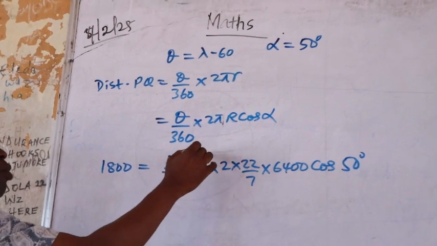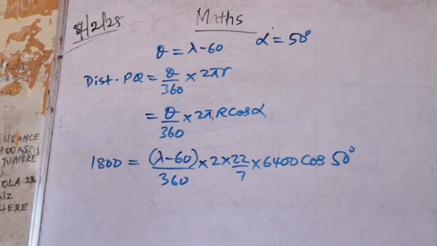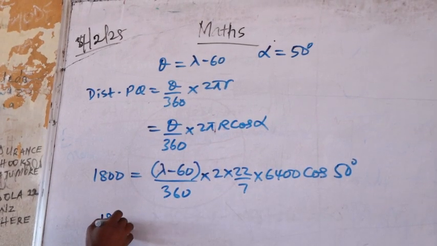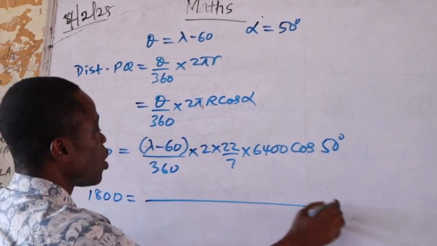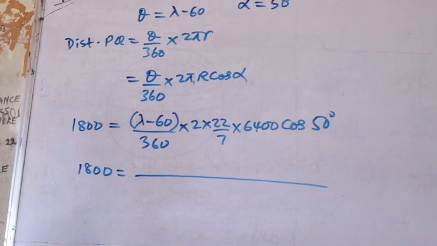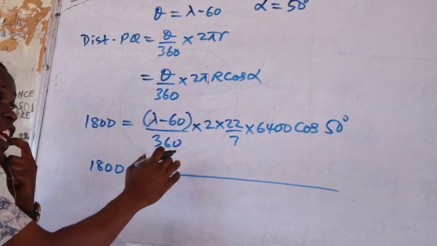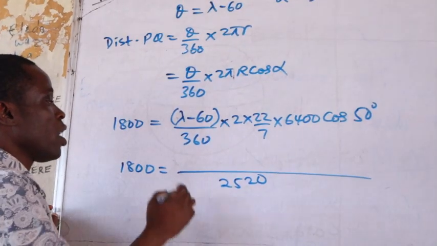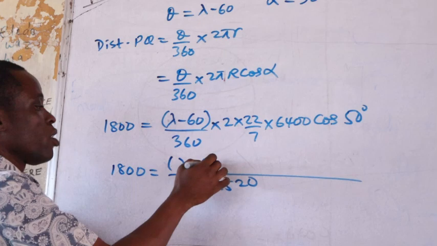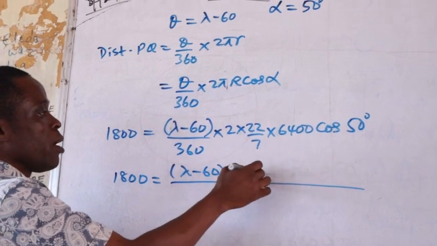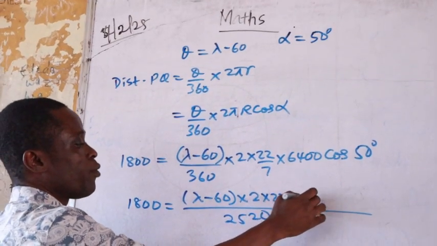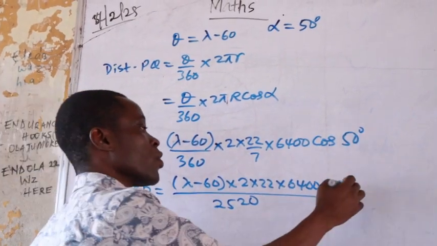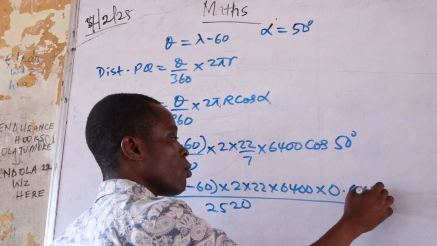Or you can put this one inside the bracket. Then we have 1,800 equals, you can multiply the two denominators together. 360 times 7 is 2520. Then we have lambda minus 16 times 2 times 22 times 6,400 times cos 50, which is 0.6428.